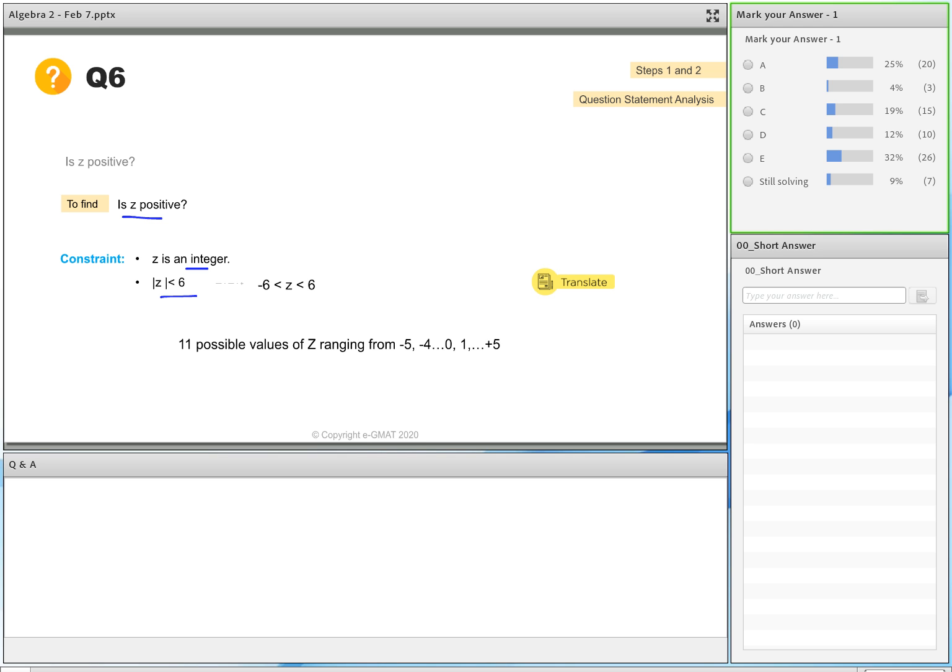From the idea of absolute inequations, we can write that z lies from -6 to +6. And if z is an integer, the different values that z can take are from -5 to +5, a total of 11 integers.